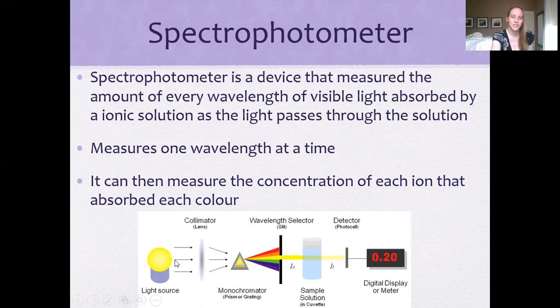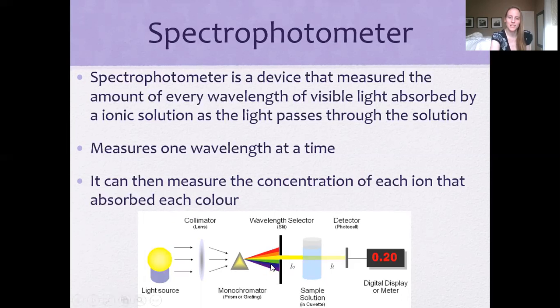And it uses that to determine the concentration of different ions that absorb those colors. So the way this works is you have some sort of a light source that's going to be shining through a prism in order to separate the colors of that light source into different wavelengths. You then only allow one wavelength at a time to pass through the solution, and then you have this photocell that can detect how much of that light source actually made it through the solution, and then the rest of it must have gotten absorbed by the solution.